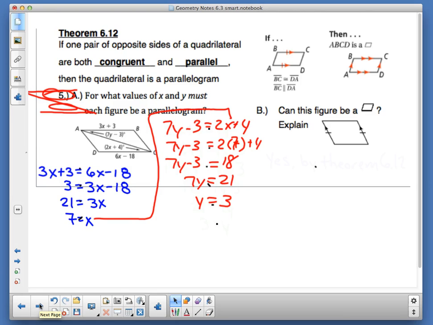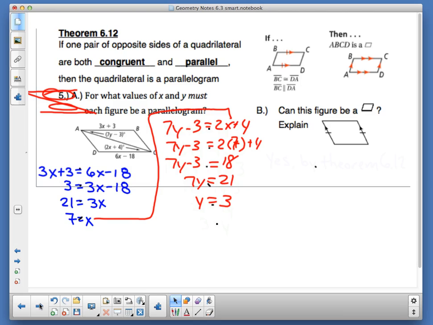Now, answer the last question. Read the theorem we just did and answer the last question. Well, can this figure be a parallelogram?